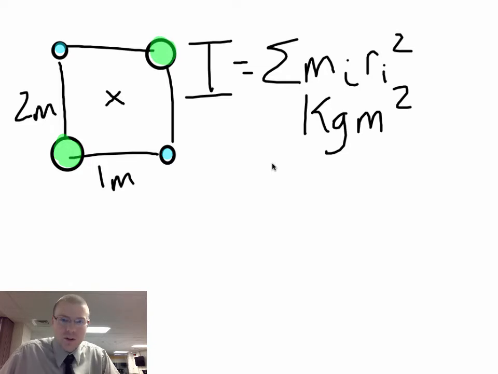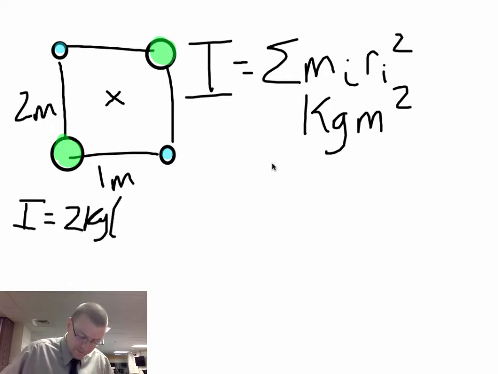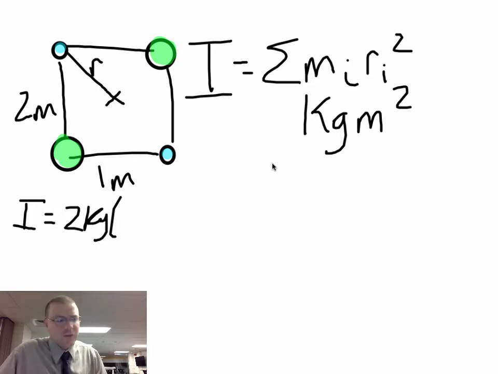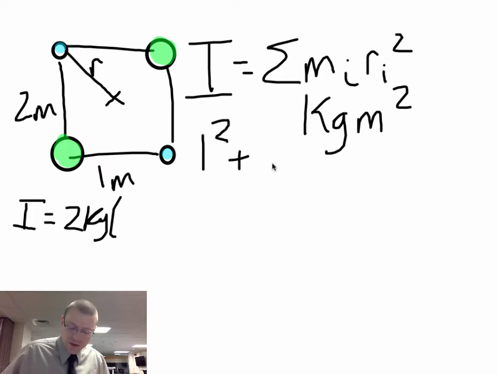So let's put in all the values that we have. So the 2 kilogram mass is an r distance away from this pivot point. That r distance is 1 meter down and a half a meter over. So if you do our hypotenuse there, you get 1 meter squared plus a half a meter squared.